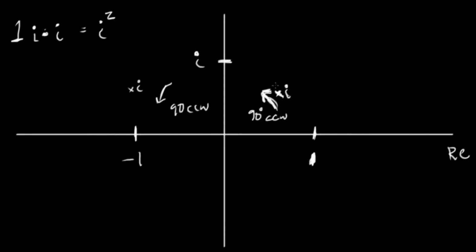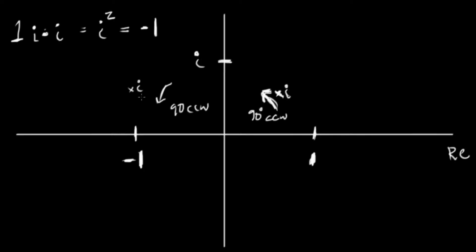When you multiply by i twice, when you get i squared, that is functionally equivalent to multiplying by -1, a 180-degree rotation counterclockwise. So there you have it. This is one of the most important discoveries that we need to address in this video, and that is i squared is functionally equivalent to multiplying by -1.